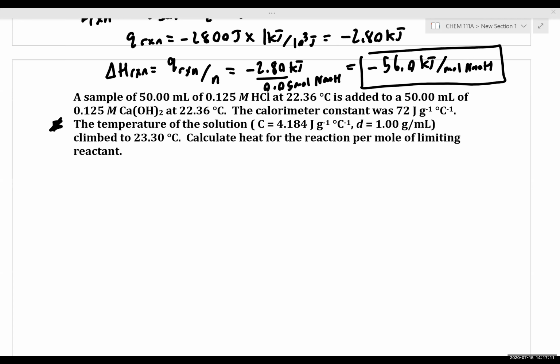And if you have any questions, don't be shy to ask them in the chat or unmute and ask your question verbally. This is about the level of difficulty of a question that you'd see on the exam and in the quizzes this week. And the assignment of the limiting reactant that I see in the chat looks great so far.